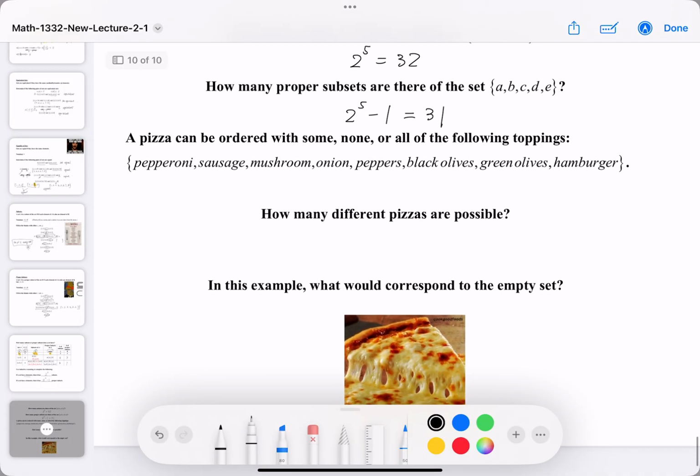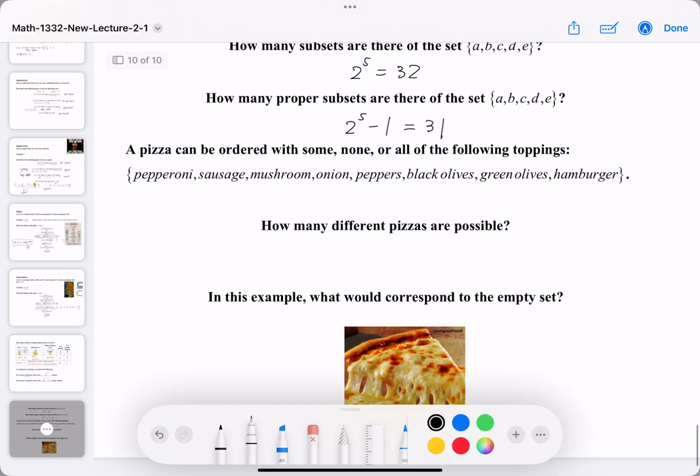Next example: a pizza can be ordered with some, none, or all of the following toppings. We have pepperoni, sausage, mushroom, onion, peppers, black olives, green olives, hamburger. There is no cheese, my daughter's favorite. So we have 1, 2, 3, 4, 5, 6, 7, 8, so 8 kinds, but there is no cheese.